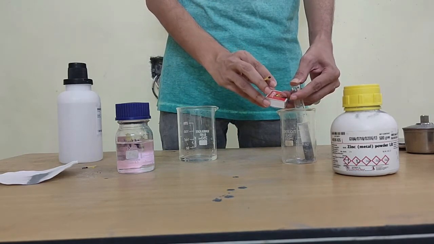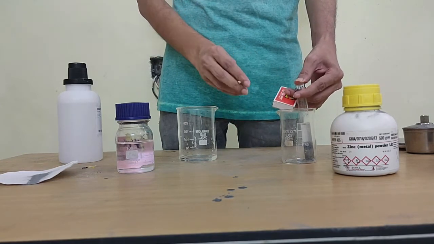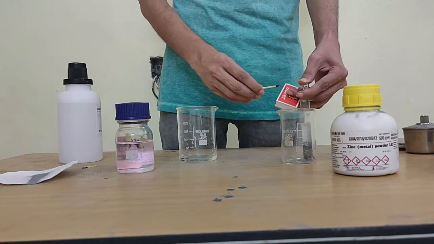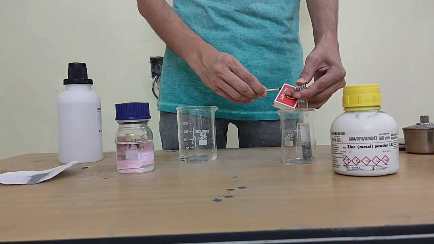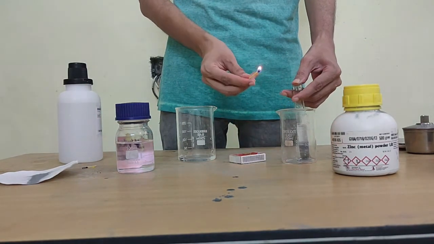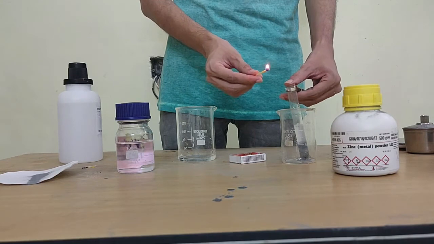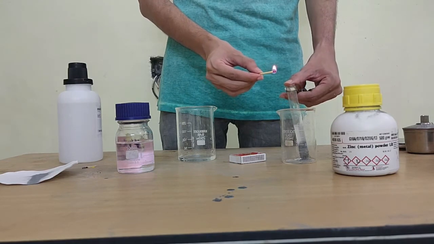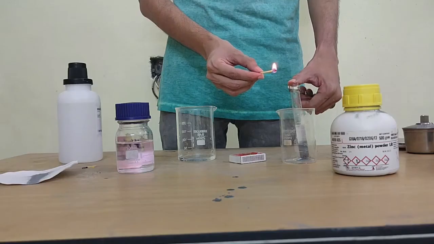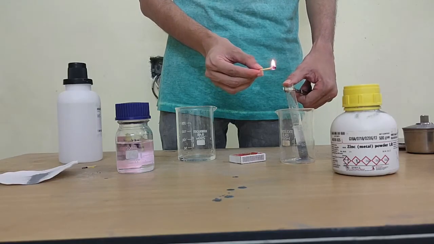In the pop sound test, what happens is you light a match and you bring it close to the mouth of this test tube or wherever your gas is. Okay, there it is. Now I will try to remove my finger and bring this flame close to the mouth, okay. Try to hear the sound.